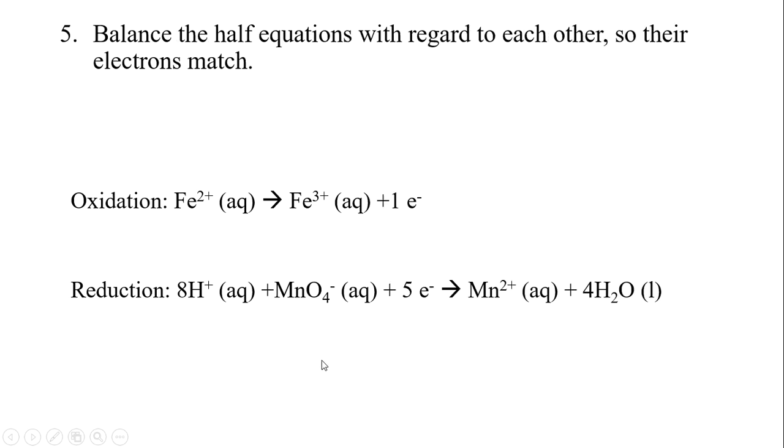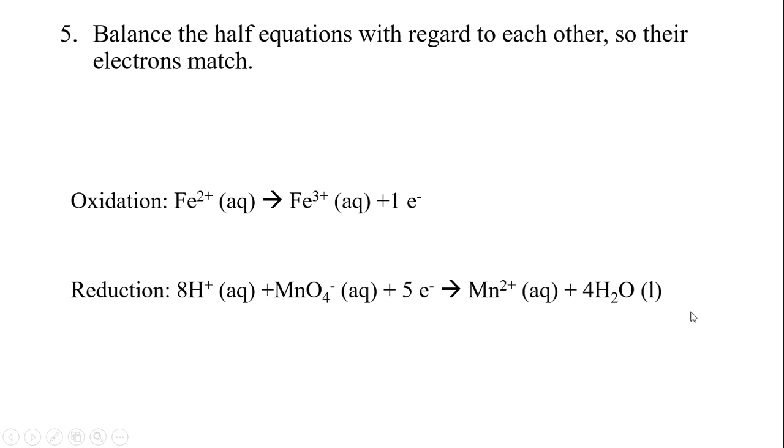All right. Now we need to balance them against each other so they have the same number of electrons. Because as you recall, the number of electrons lost must equal the number of electrons gained. So in this oxidation half equation, we have 1 electron lost, and in this reduction, we have 5 electrons gained.